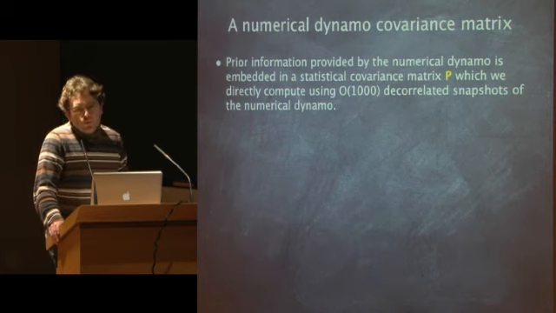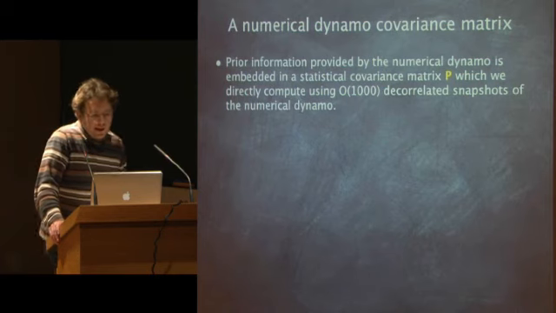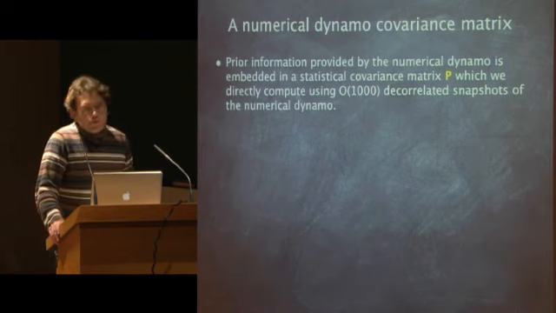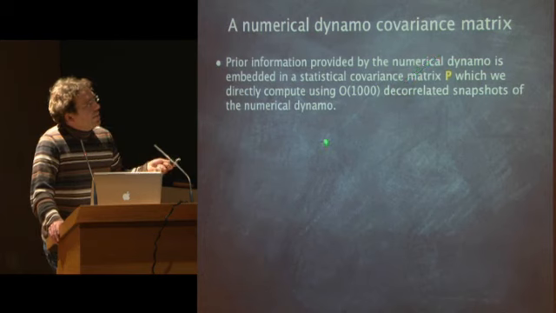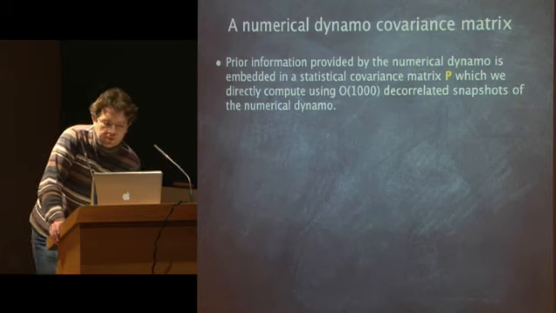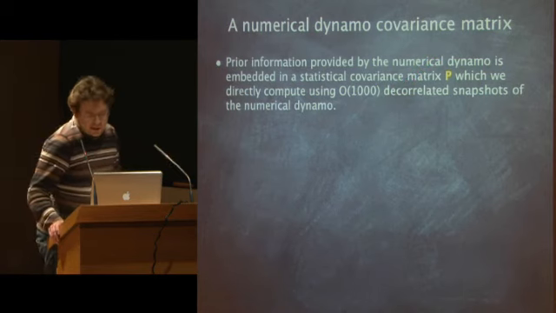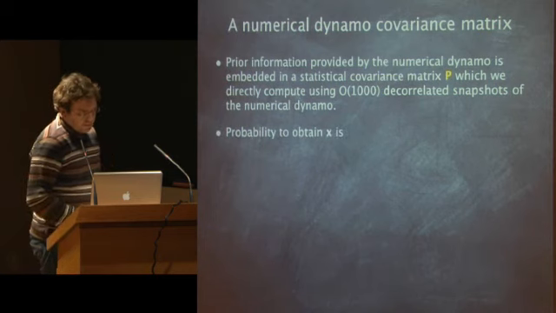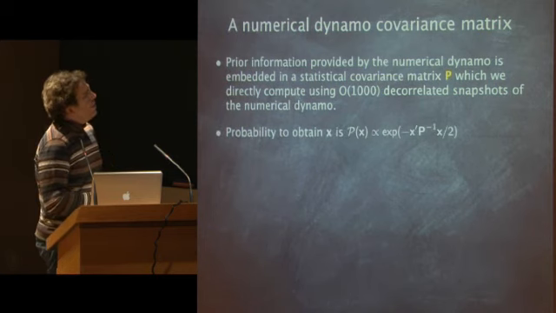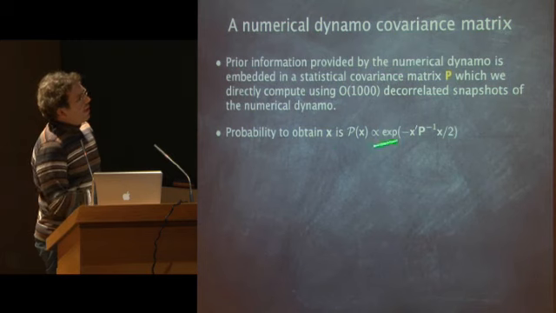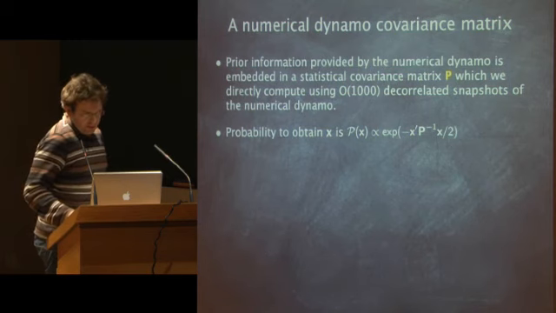And we can do that with a numerical dynamo model by brute force, so to say, simply computing a large number of decorrelated snapshots of the numerical dynamo and performing statistics on that. So in such a way that the probability to obtain a given state vector is given by this formula here.